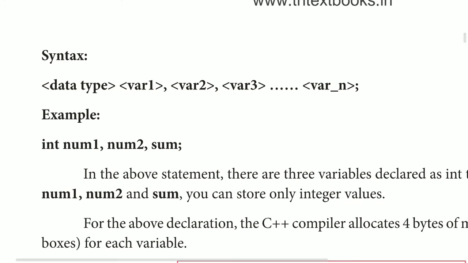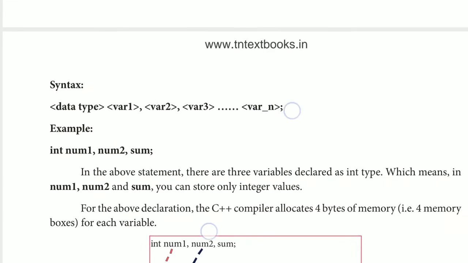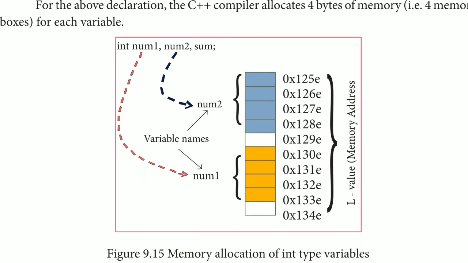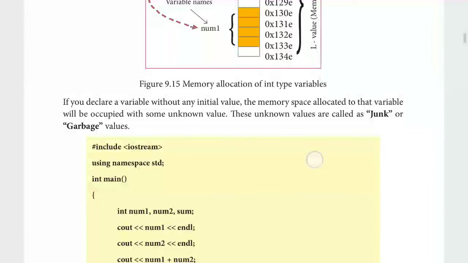This is how these variables are declared, and how the compiler allocates bytes for these memory locations. In the picture you can clearly see how many bytes of memory will be allocated to each variable.